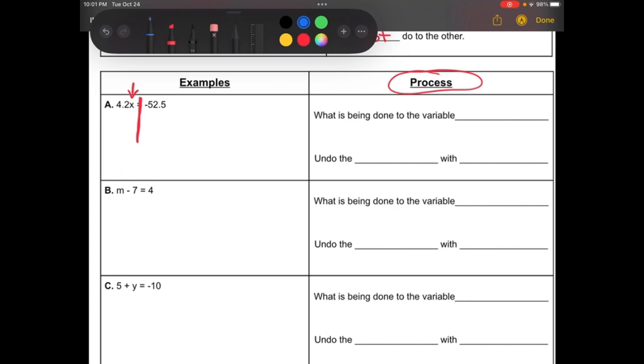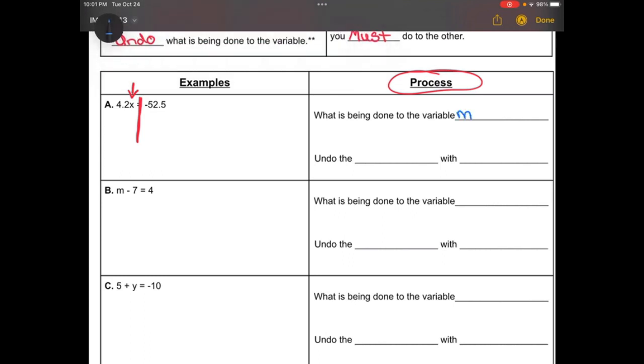Multiplication. 4.2 is being multiplied to the x. So how do you undo multiplication? You undo multiplication with division.